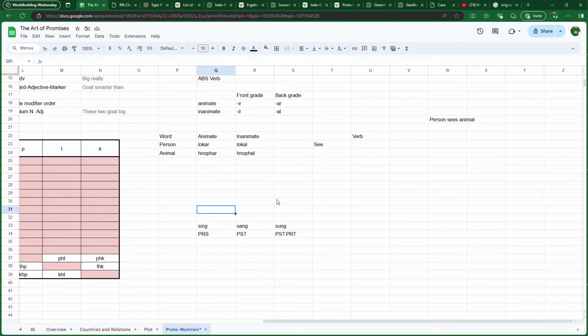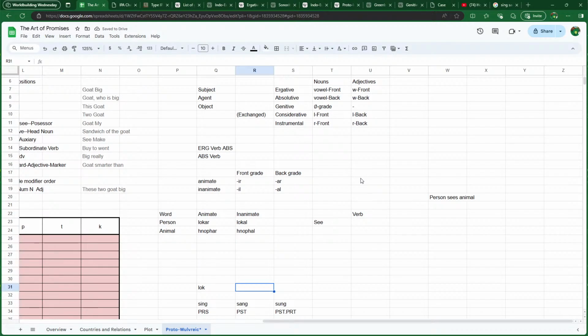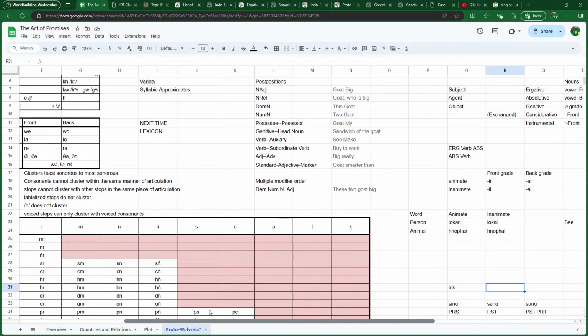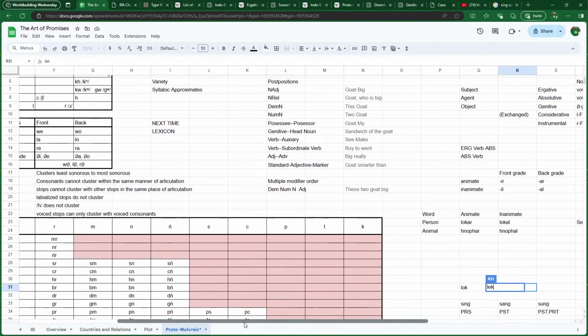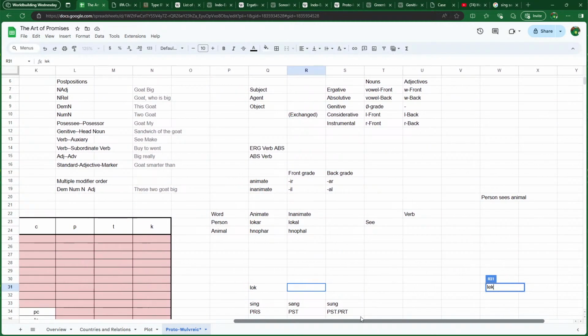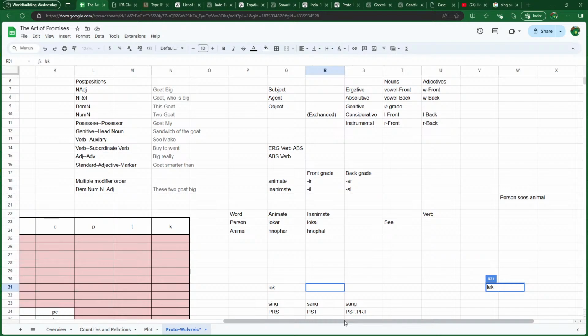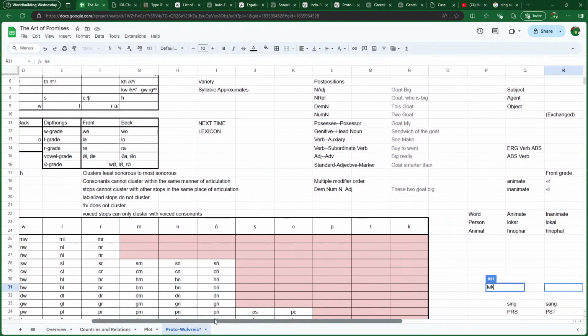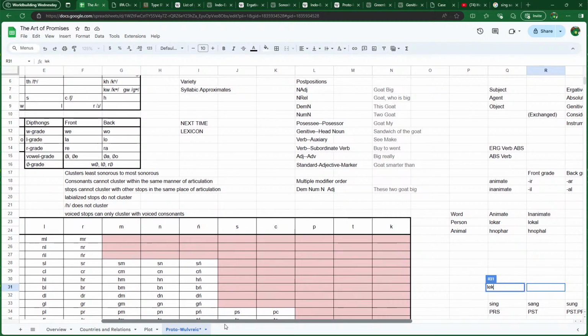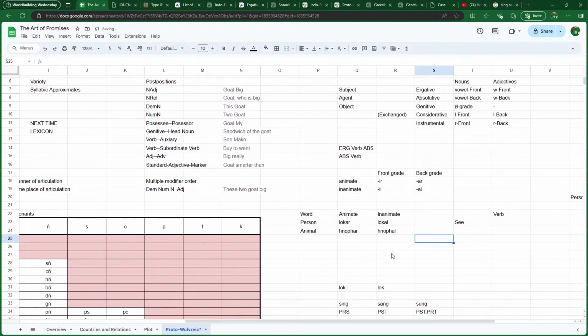So the only thing that is different between look and lake, and we'll say, oh wait, hold on.